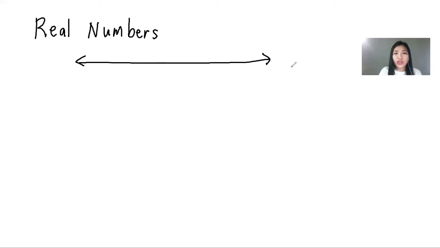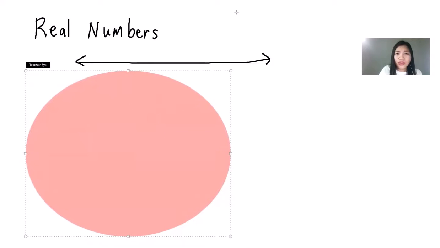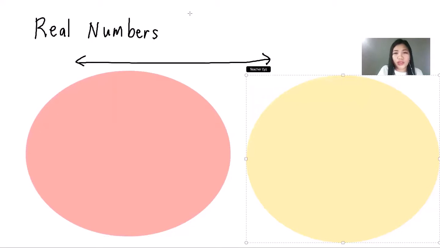Okay, there are two classifications of real numbers. The first one is what you call the rational numbers, and the other one is what you call the irrational numbers. Okay, so these are classified into two.